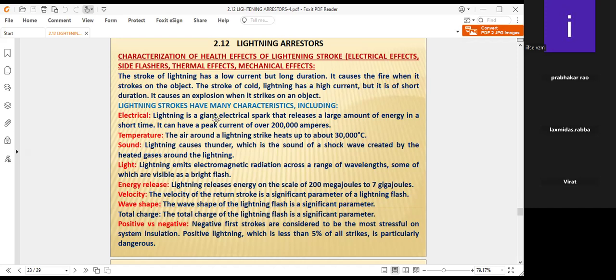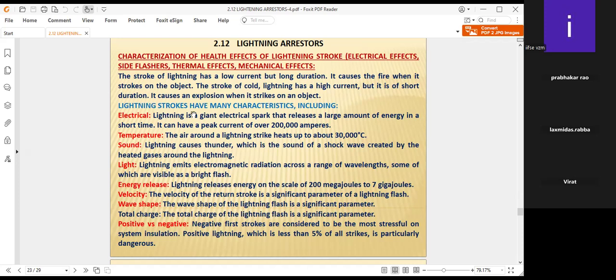That's why two things are very important to take care of. The environment is important. Yesterday we discussed the ionizers, the humidifiers and all these things. Lightning strokes have many characteristics, including electrical, temperature, sound, light, energy release, velocity, wave shape, and positive versus negative.